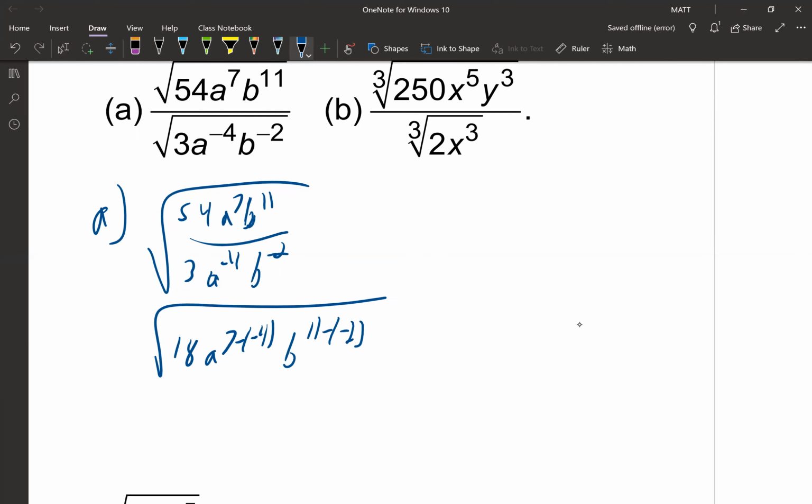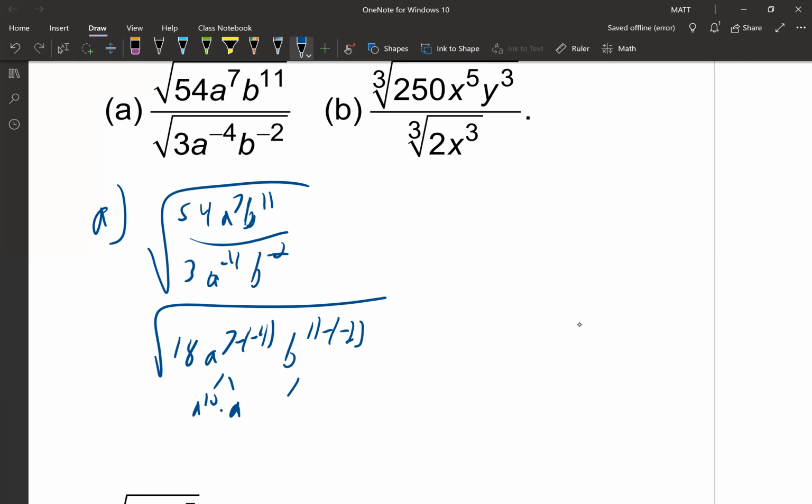So 18 is, let's see. So I don't think 18 can be simplified at all with a square root. So I'm just going to leave it as the square root of 18. But notice that we have a to the 7 minus a negative 4, which is a to the 11th. So we can change this into a to the 10th multiplied by a.